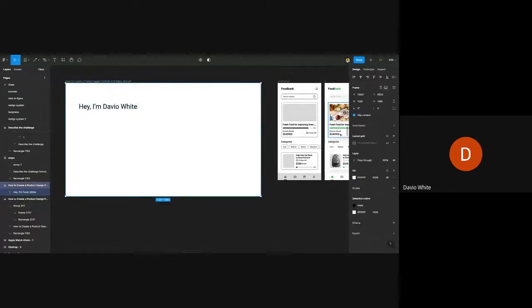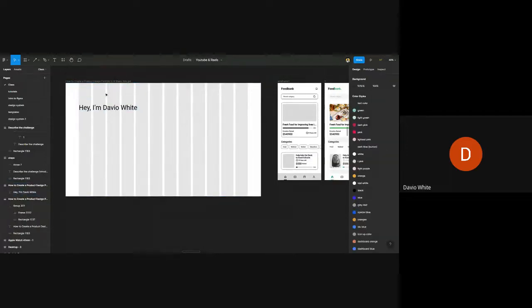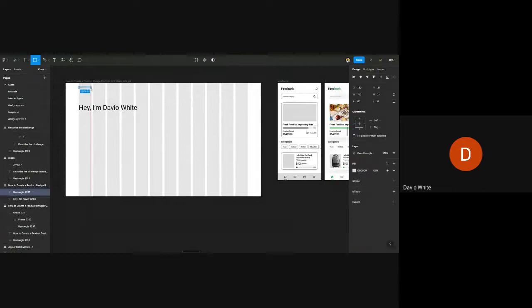First off, you need to get out your grid. So I'm using a 12-point grid and a margin of 130 in case you need that information. So with this, I'm just going to put something over here. Don't worry, this will be very fast.